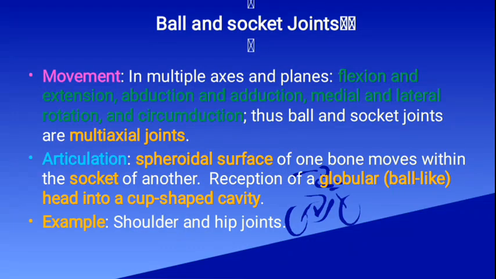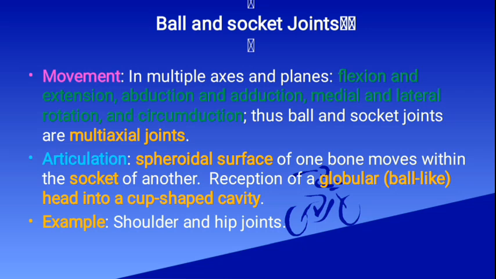So talking about the ball and socket joint now, it allows movement in multiple axes and planes. So it allows flexion, extension, abduction and adduction, medial and lateral rotation, and circumduction. So that means the ball and socket joint is multi-axial, and the articulating surface is a spheroidal surface that is fitting into a socket.